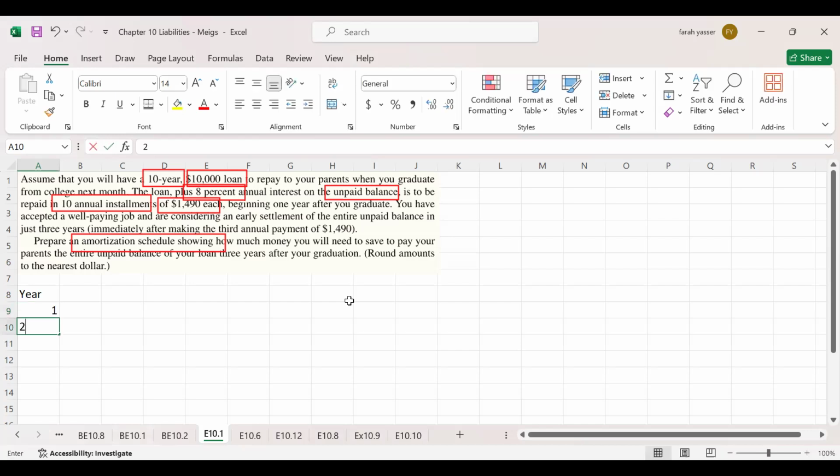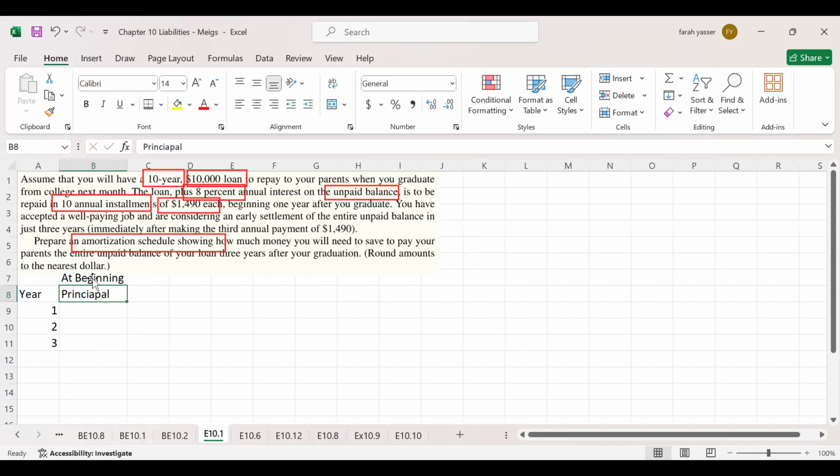So year one, year two, year three, only a 3 years schedule is required. Here we have the principal amount, or the amount borrowed at the beginning, or you can say at the start of the year.